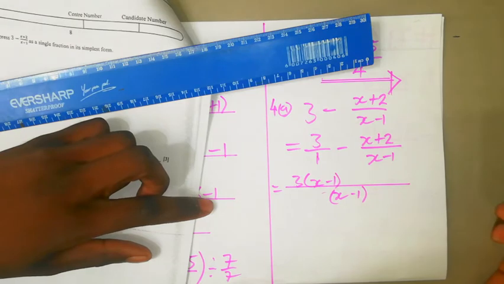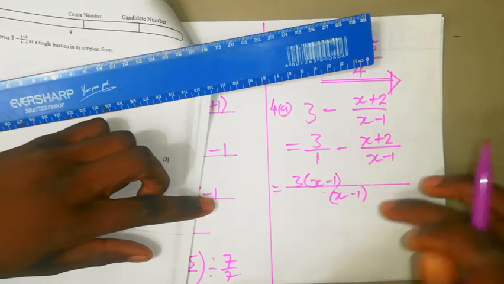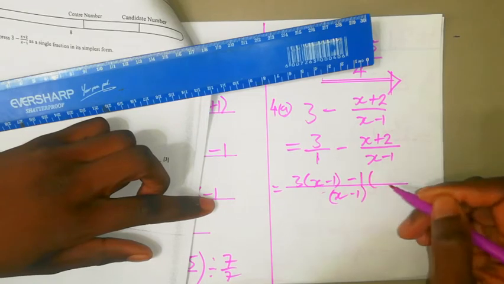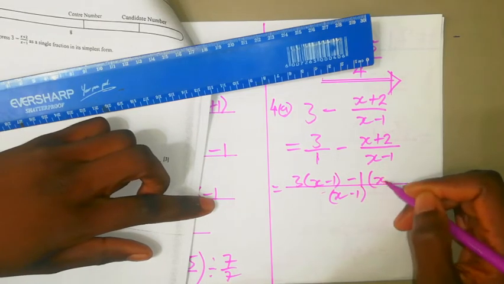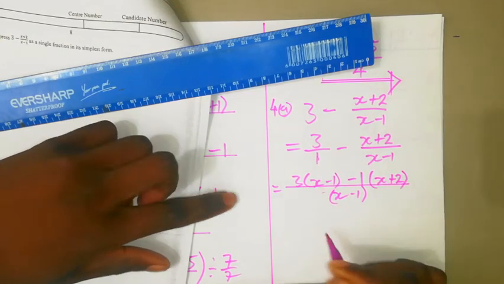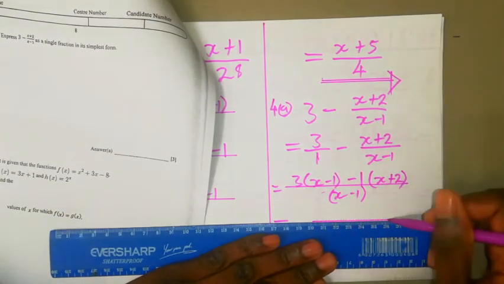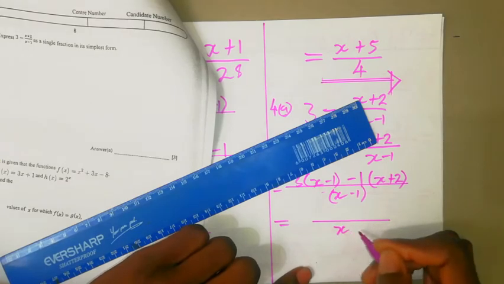Then this one into that one, it's 1, so it's minus 1. Then with this one, we're going to multiply x plus 2, with common denominator x minus 1.